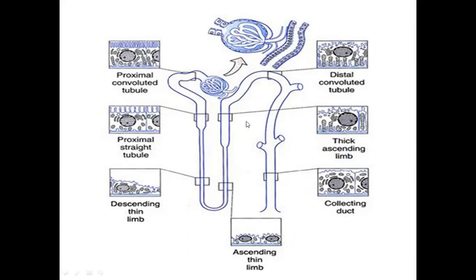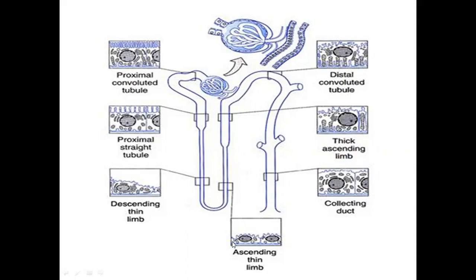Then proximal straight tubules, again, the first part which is coming from proximal convoluted tubule, which will be lined by cuboidal cells, it will have lots of brush border microvilli, but compared to the proximal convoluted tubule, they are less. Then inside the loop of Henle, the descending thin loop is lined by simple squamous epithelial cells.